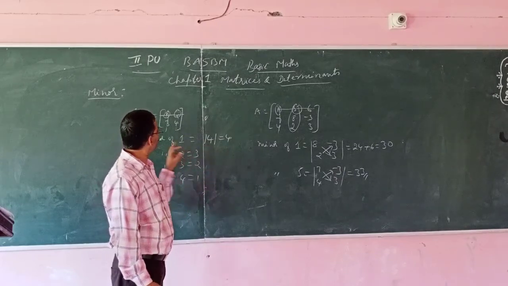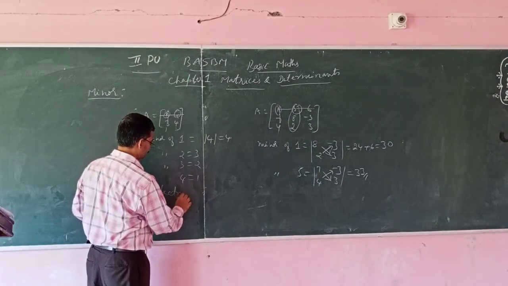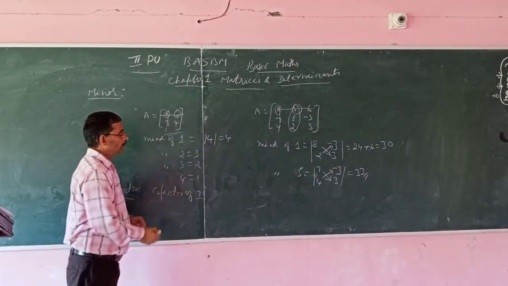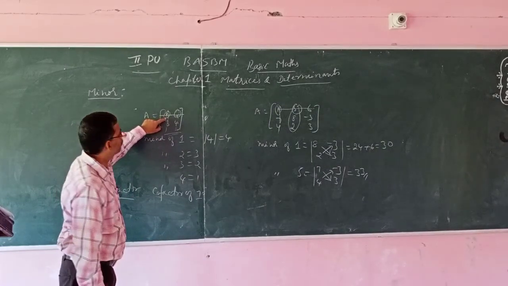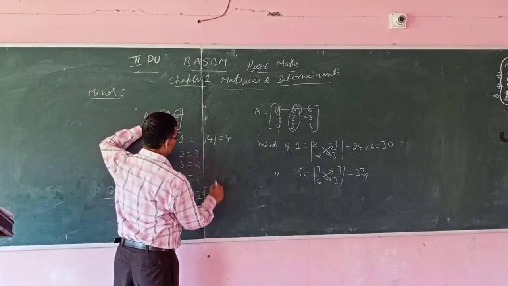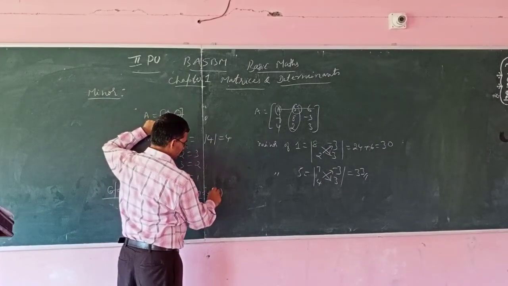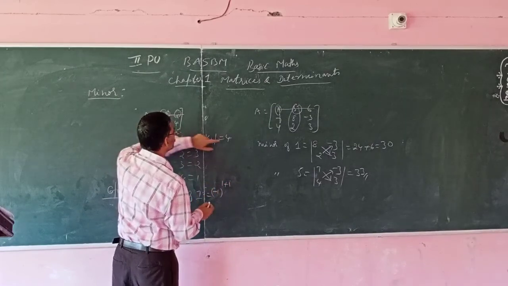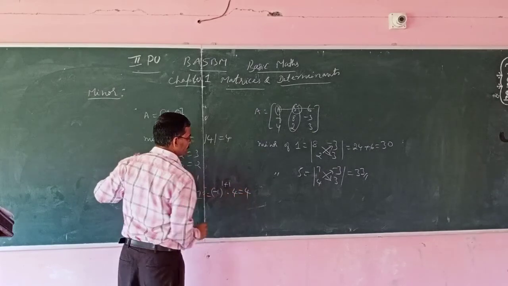So what is cofactor of 1 in this example? You have to take minus 1 to the power 1 plus 1, row number plus column number, into minor. So this is nothing but 4 only.